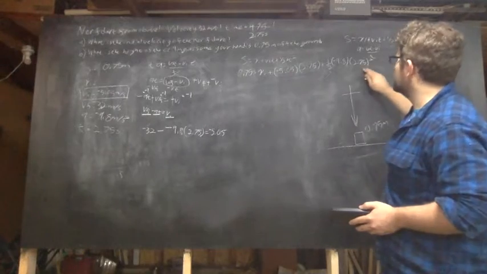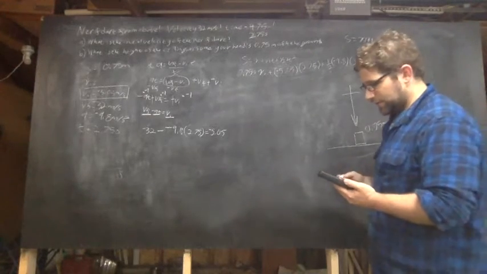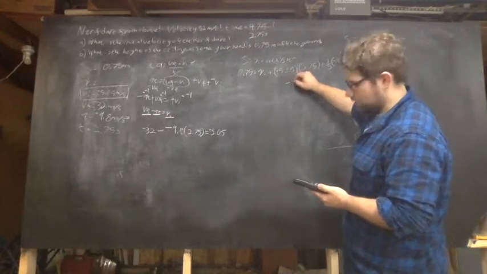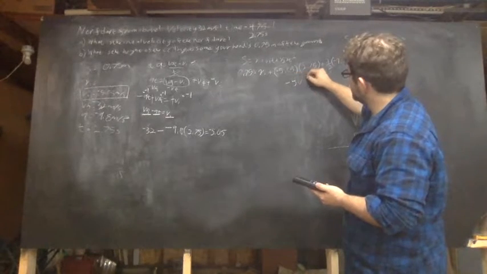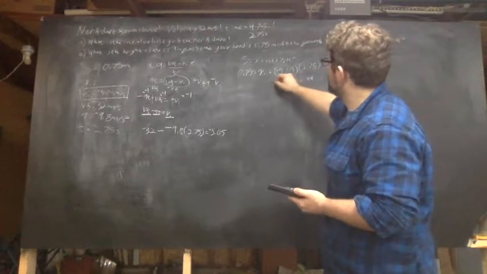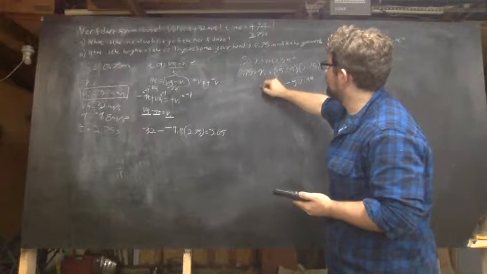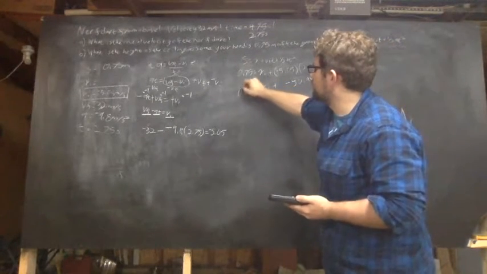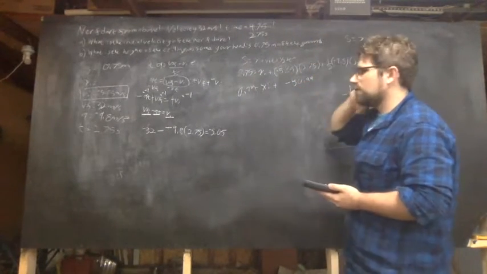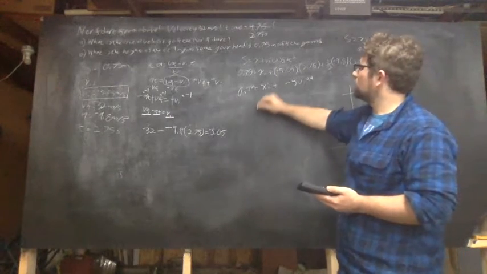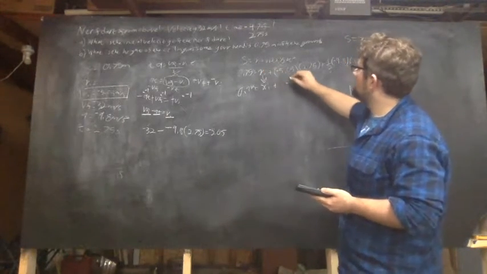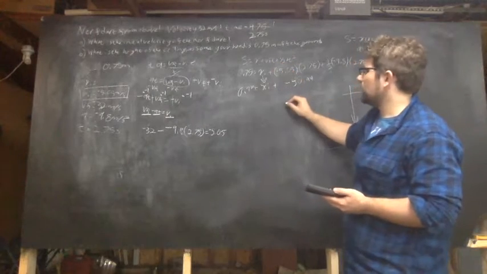So let's bring all these together first. That's going to get me a negative 50.94. It's going to be xi plus that equal to 0.75. Does everyone see that? So I still carry this down because I haven't done anything with it yet.